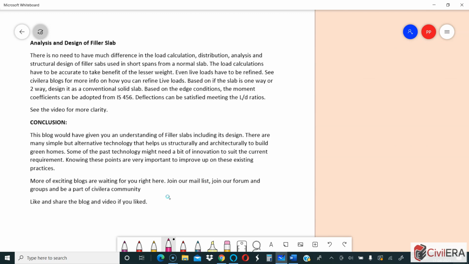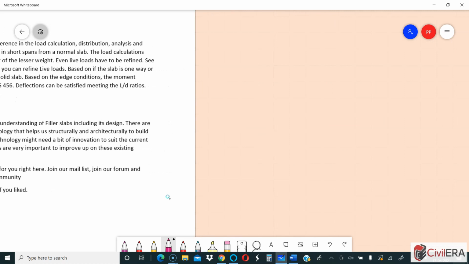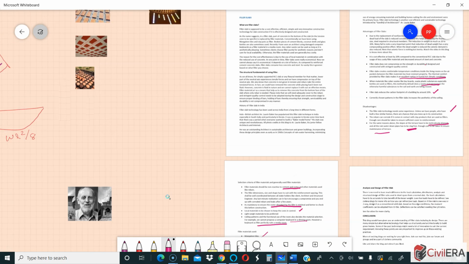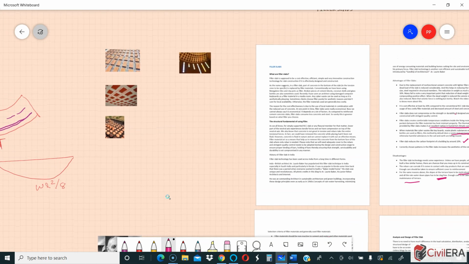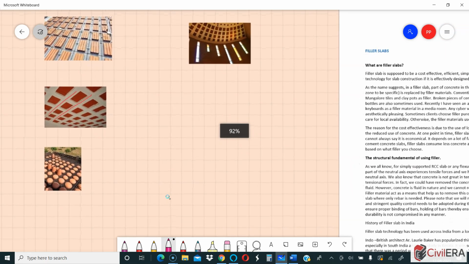So in such slabs, there are no additional design points needed to be considered, except that if you're considering it as a simply supported system, then your slab thickness can be a little larger because you are not considering the continuity. So I would recommend that in a continuous slab system, you can avoid having a filler material very close to the support.